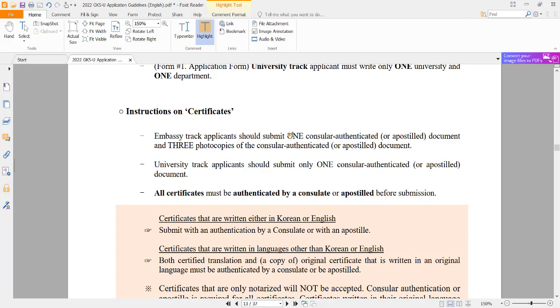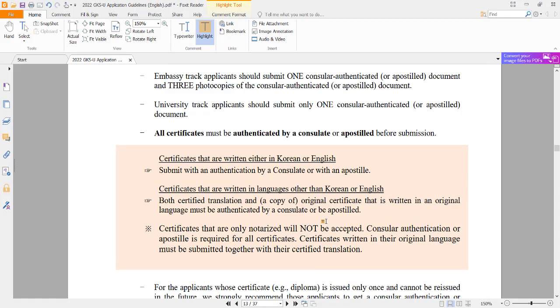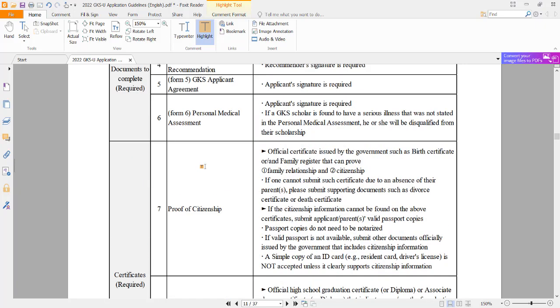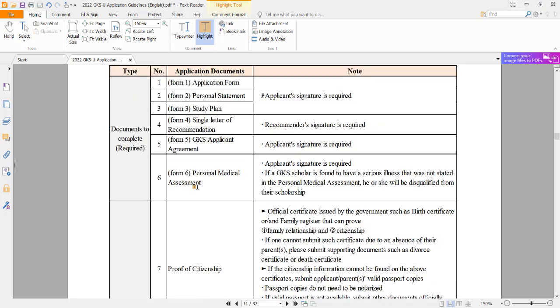What all documents need to be apostilled is another question, so I will come to that right now. As you can see, all certificates must be authenticated by a consulate or apostilled before submission. Here we have the documents required.